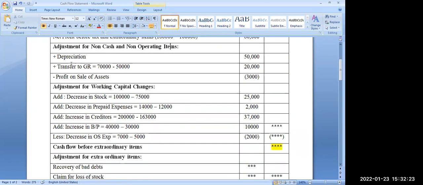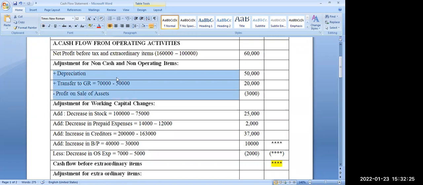That has been done up to this. Okay, adjustment for non-cash and non-operating items you are doing here. Suppose in this company some more items are there, sale of building, sale of any other patent or goodwill. I will take further. Since it is not there, only 3 items are there. I have taken 3 items.